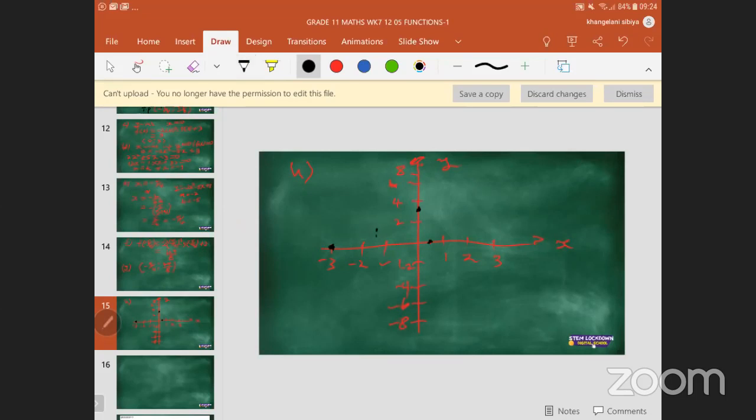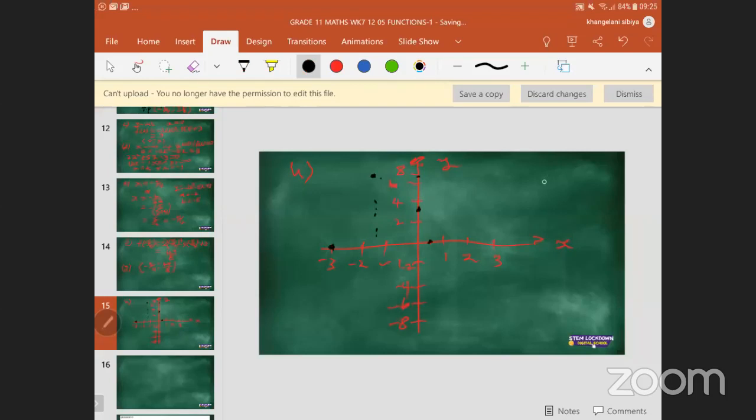So it will be something like this. Then what is our y, which is our maximum? It's 6.125. So it's something above 6. So it's something around here. Right. So this is our maximum.